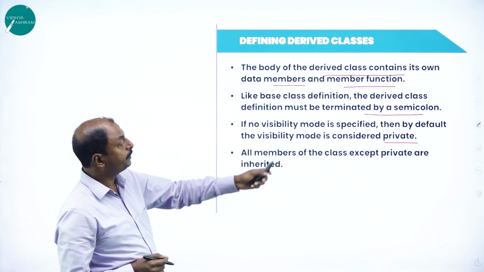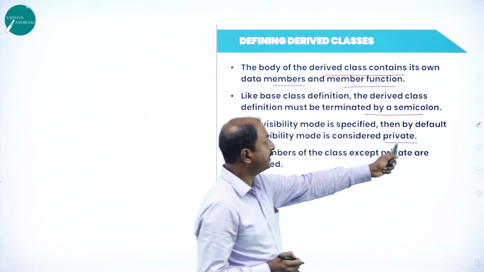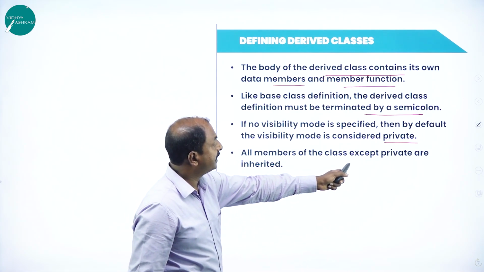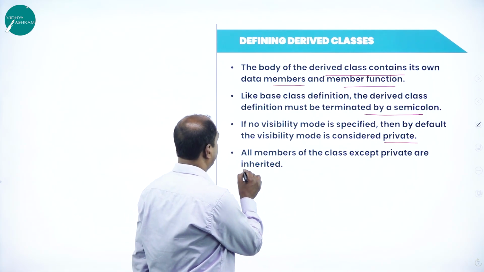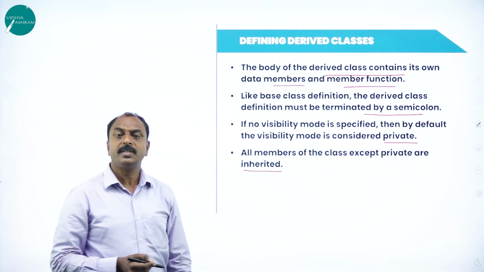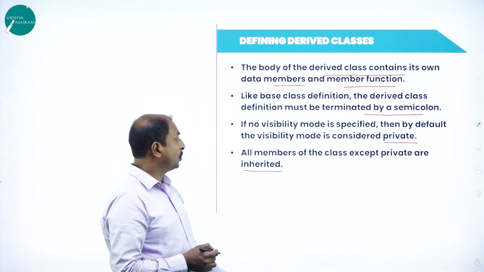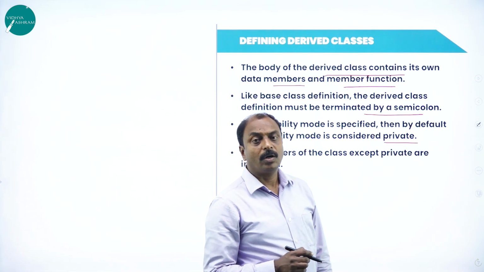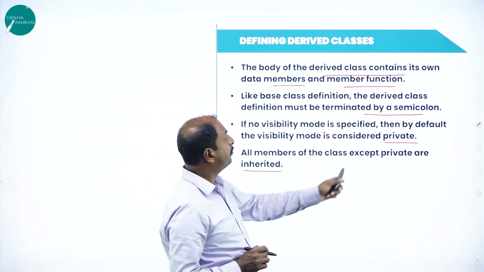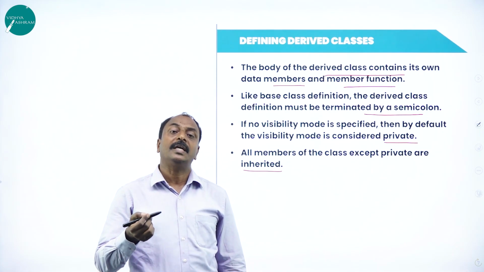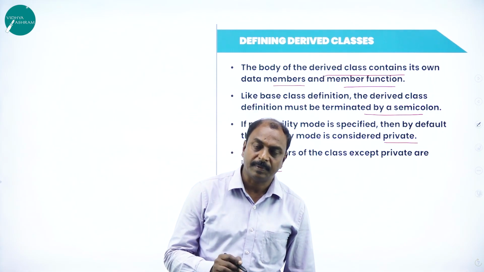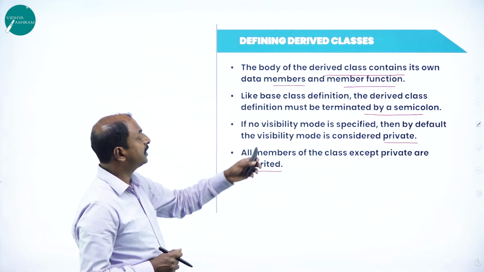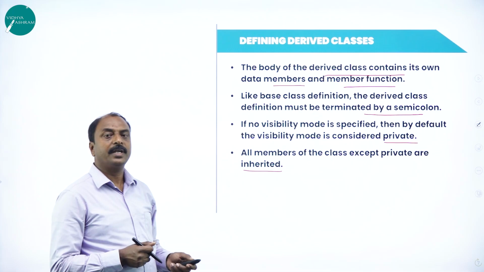Suppose we don't specify it, by default it takes the visibility mode as private, and all members of the class except private are inherited. This is one of the main points to be considered. When you inherit properties from the base class, all the members except private members can be inherited. Private members cannot be inherited to the derived class.